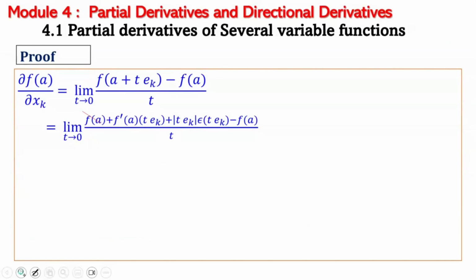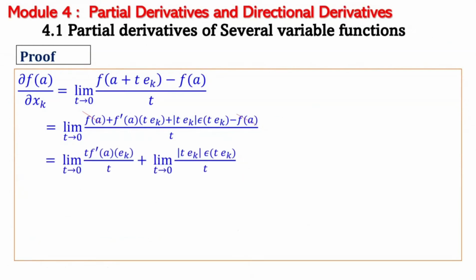So this f(a) and f(a) will cancel out. Then we will have the limit as t tends to 0 of t f'(a) e_k over t plus the limit as t tends to 0 of |t e_k| epsilon(t e_k) over t. So these terms we separate.